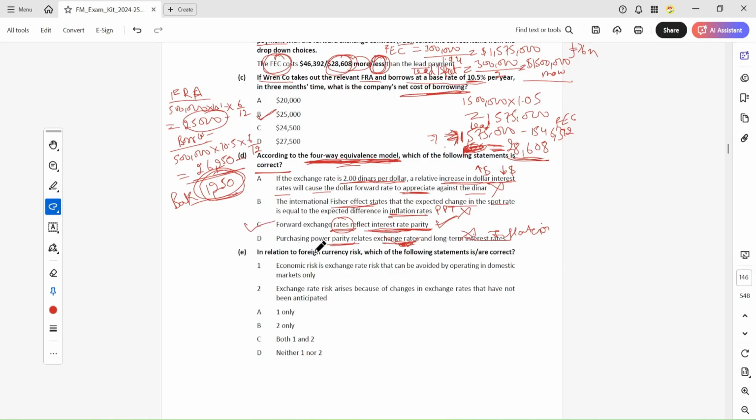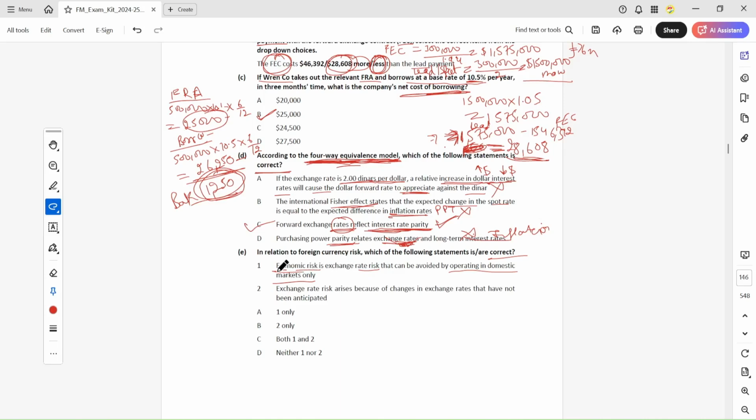In relation to foreign currency risk, which of the following statements is correct? Economic risk is exchange rate risk that can be avoided by operating in the domestic market only.